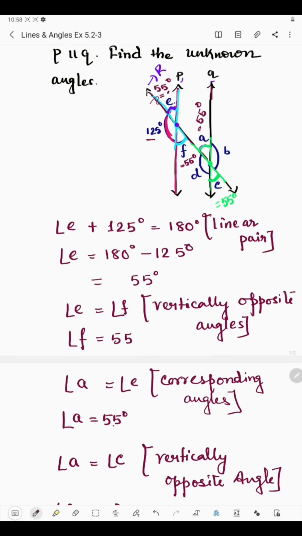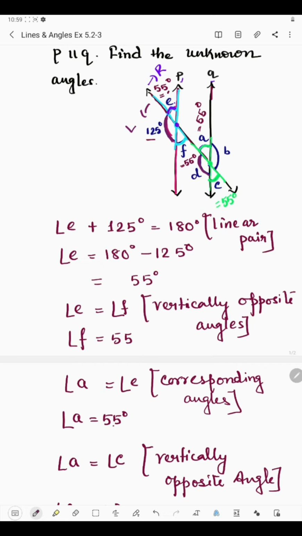Now if you see the left side of the transversal line, then 125 degrees is on the upper part of line P, and this angle D is on the upper part of line Q. So these two are corresponding angles, as these are on the left side of the transversal and the upper part of the parallel lines.